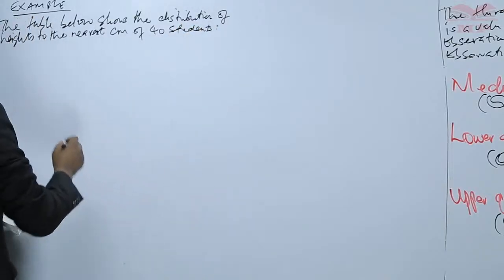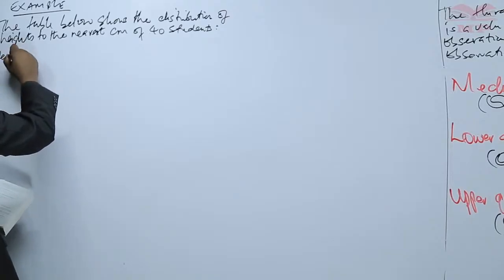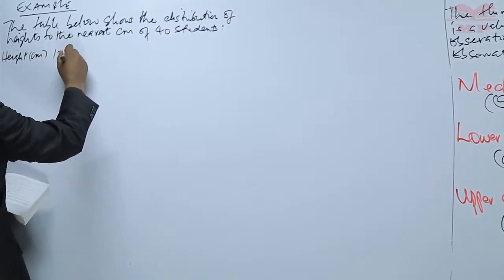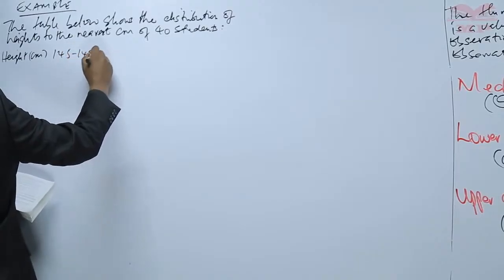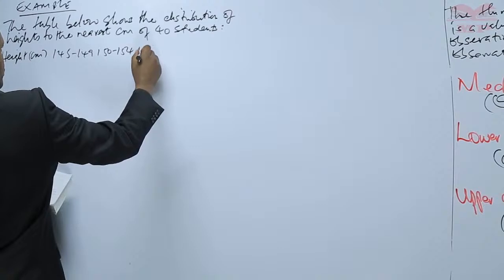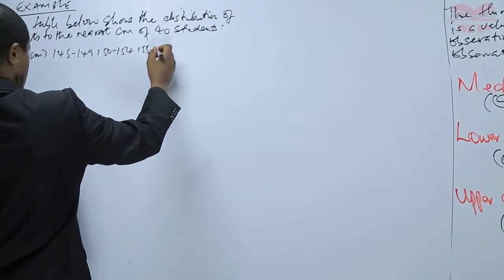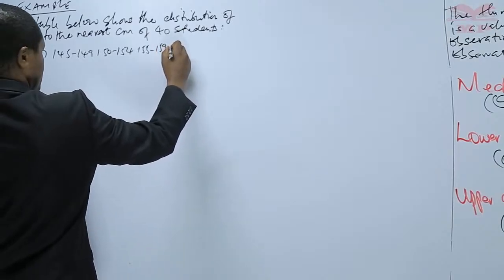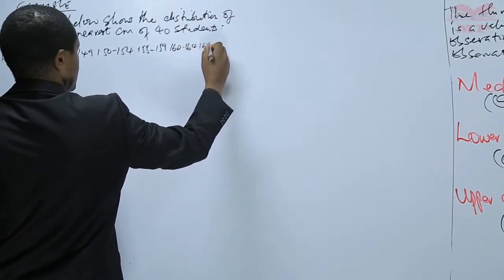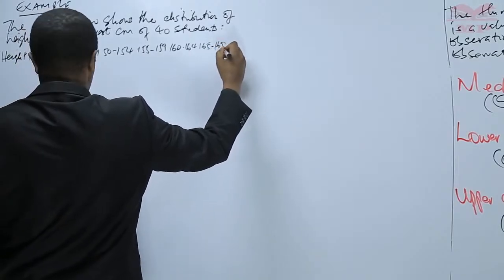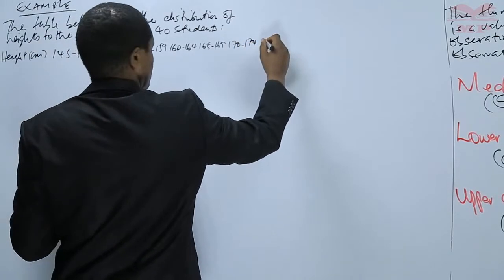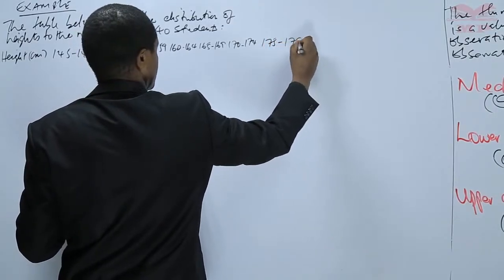students. So we have height in centimeters: 145 to 149, 150 to 154, 155 to 159, 160 to 164, 165 to 169, 170 to 174, 175 to 179.